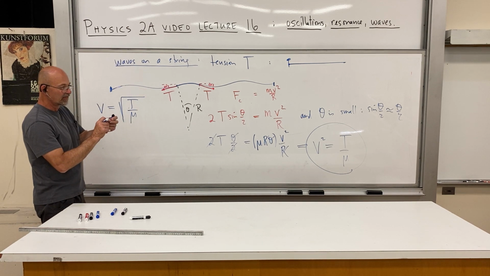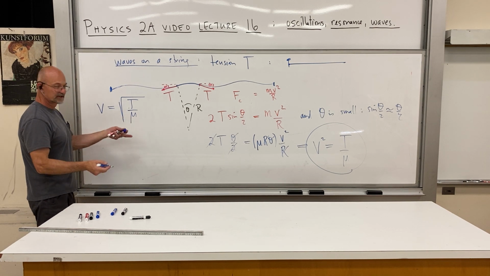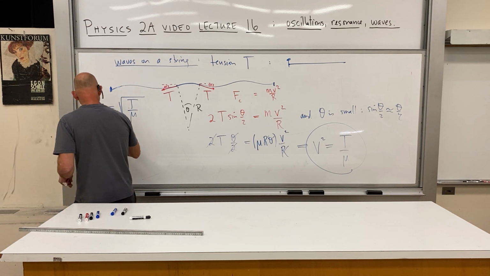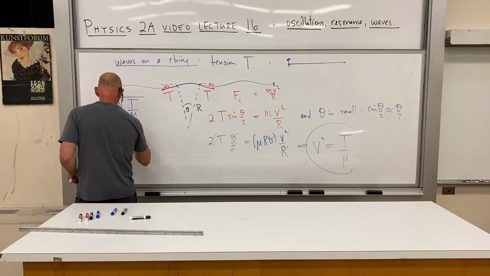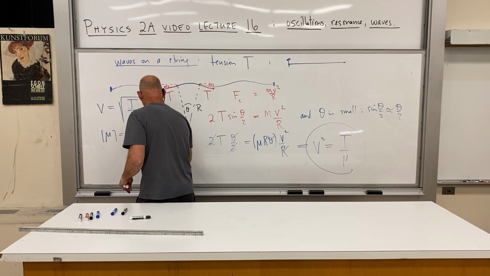If you have a thin string, you have a certain mass per unit length, and of course it's kilograms per meter in our world. So mu is kilograms per meter, the mass per unit length.